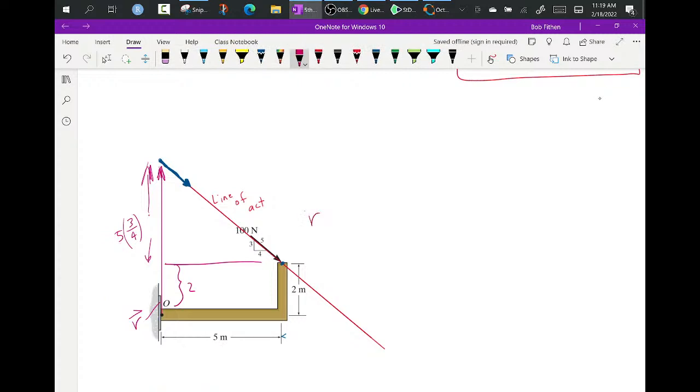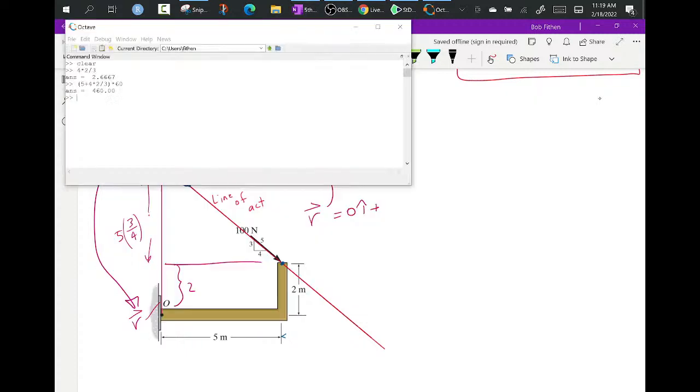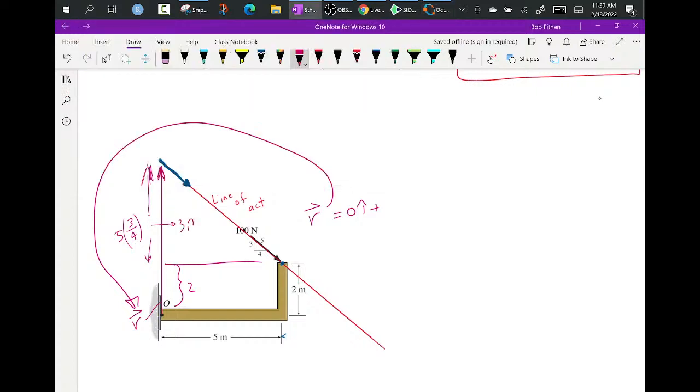So this means my R vector in this particular case would be nothing times I plus, okay, I might as well be precise here, 3.75. Add that to 2 would be 5.75 times J.